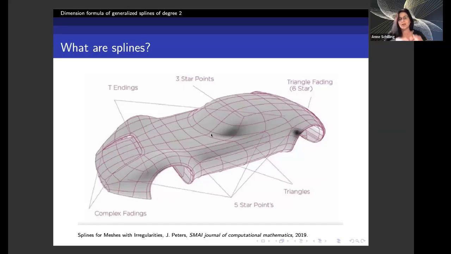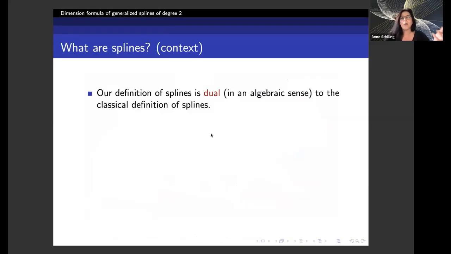So it's some sort of piecewise approximation of the surface. Our definition is dual in an algebraic sense. If you view that previous element as a graph, then the graph that we would be looking at would be the dual of that graph.